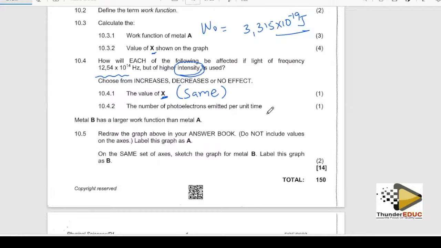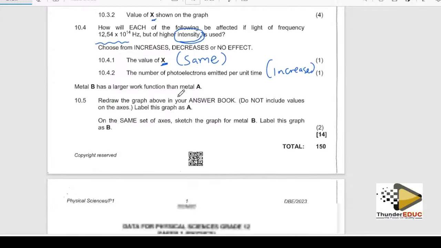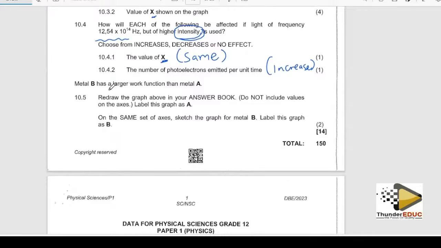So this will increase, because as the intensity increases, which means the number of photons being released will also increase.